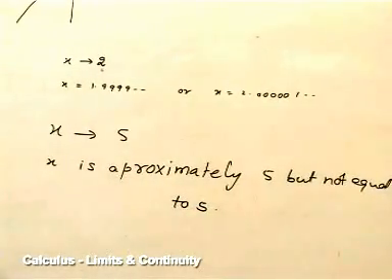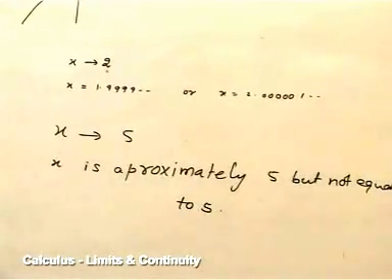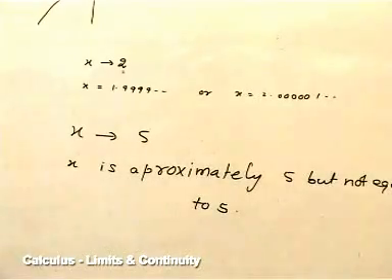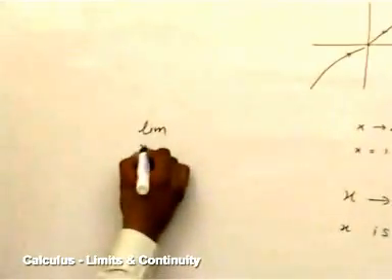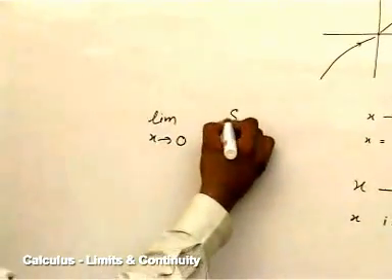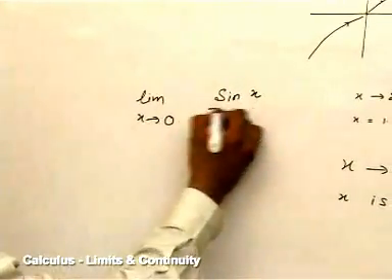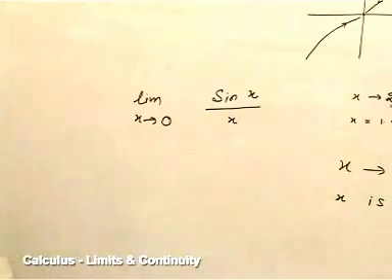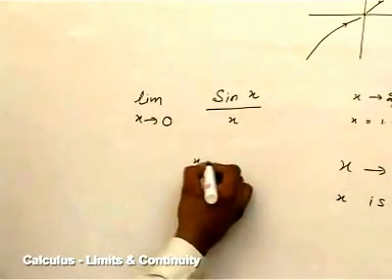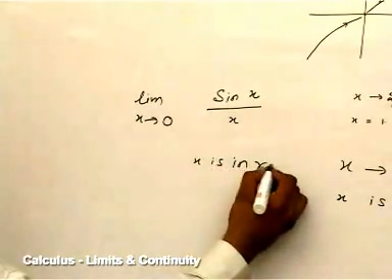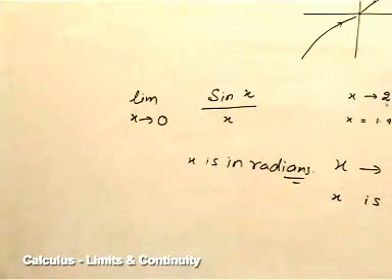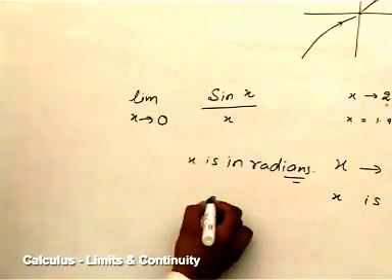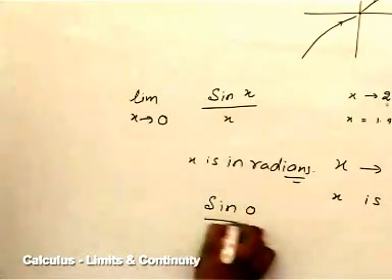In general, when we talk of limits in mathematics, limits means converting impossible to possible. What I mean to say is, when we say limit x is approaching 0, sine of x over x, where x is in radians, no doubt. If we directly put x equals 0, there is no meaning: sine 0 over 0.